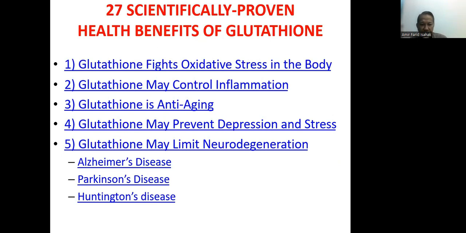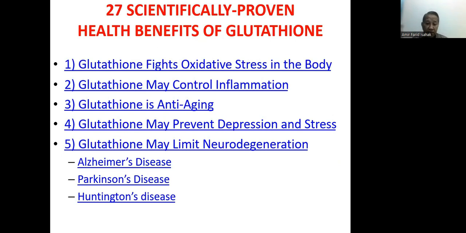So with all the important functions of glutathione, I'll give you a list of 27 scientifically proven health benefits of glutathione, meaning you can make a statement of claim, because these have been proven by scientific studies: that it fights oxidative stress, that it controls inflammation, that it is anti-aging.